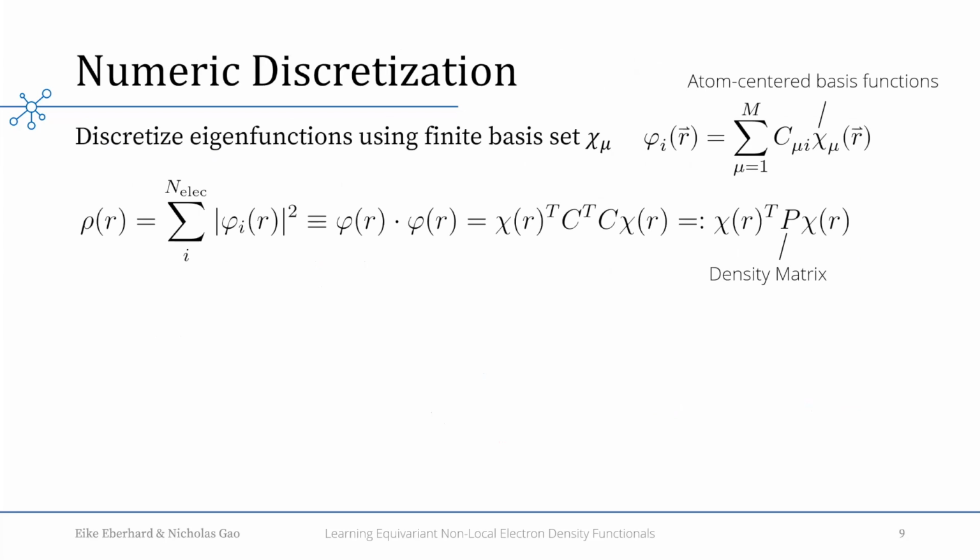Okay, so also, which brings you back to what you just asked a bit, this is the discretization Nicholas was just mentioning. Typically what we do, you take these eigenfunctions and you express them in terms of atom-centered basis functions. And this gives you this nice expression of the density in space in terms of a density matrix, a matrix-vector multiplication with this so-called density matrix.